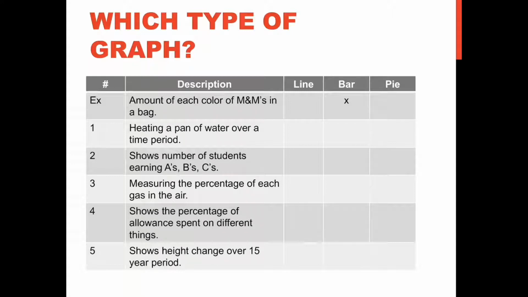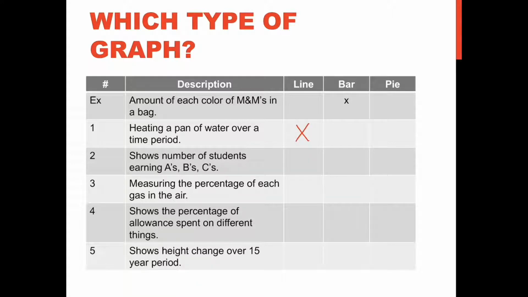So let's try the first one. Heating a pan of water over a time period. So remember what I said with line graphs. Usually deal with time. You're looking at continuous data because you're trying to look at the temperature of a pan of water as you're heating it over time.